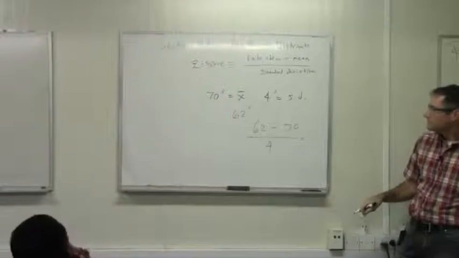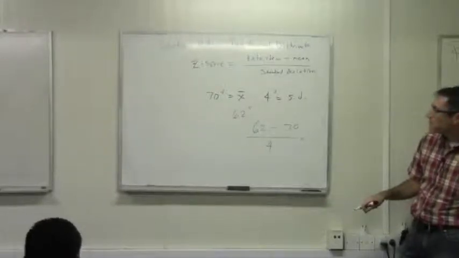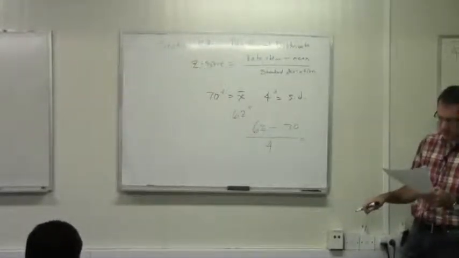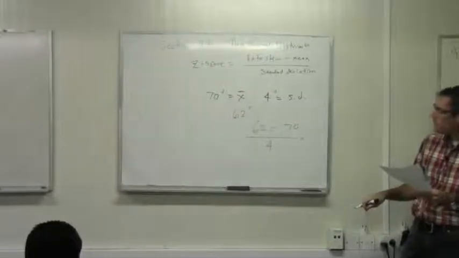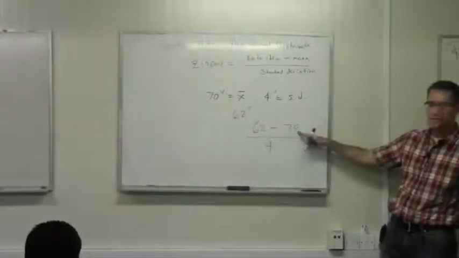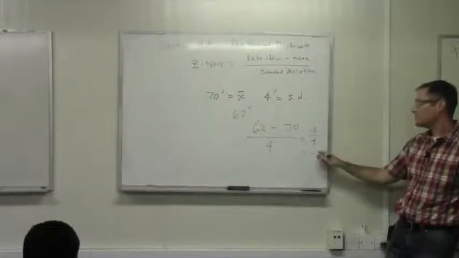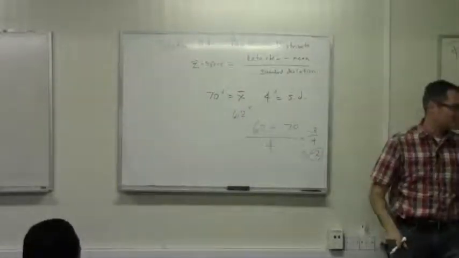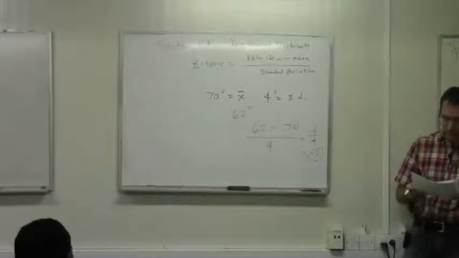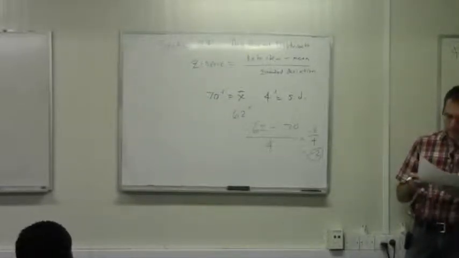Okay? That makes sense? Yeah. 62 minus 70 is -8. Divided by 4 gives you -2. That's the z-score. All right.